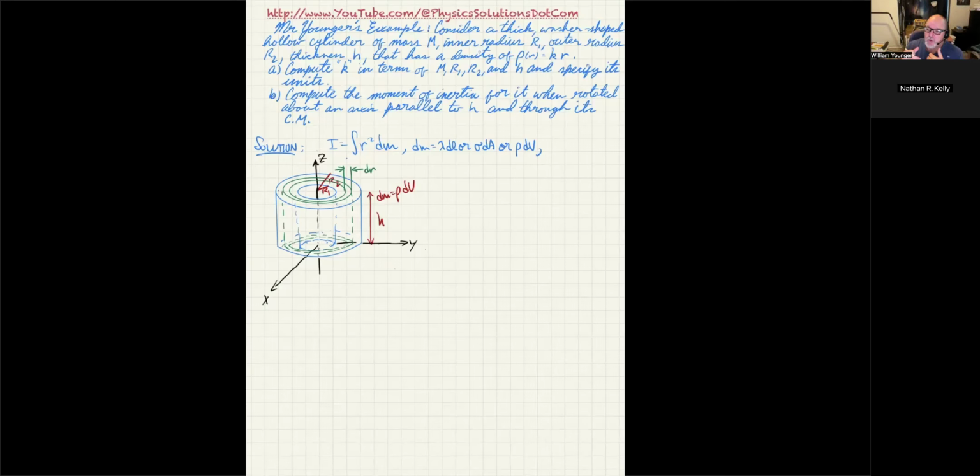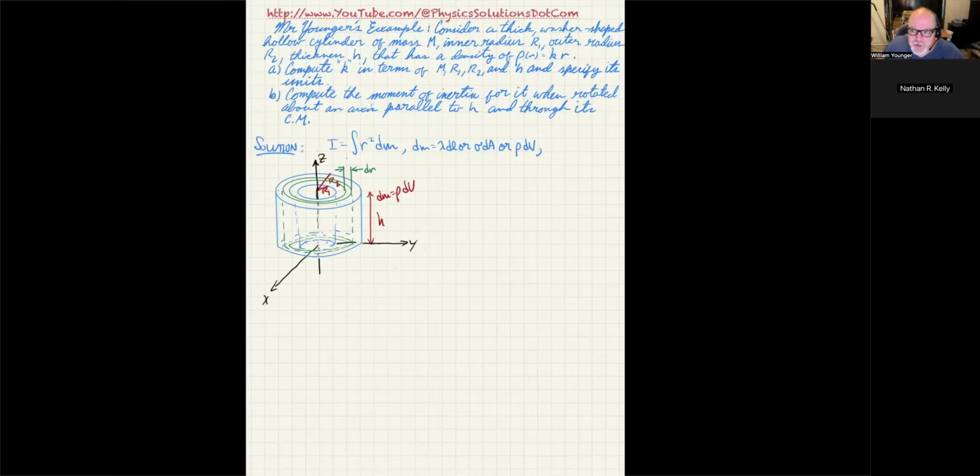So it's best to make the r vary very little over the whole structure of the dm. So what I'm choosing for my dm is going to be rho dV, and what I'm choosing for my dV is basically a little narrow slice on top that's like a circle inside of a circle, and then it's going to have a thickness h.